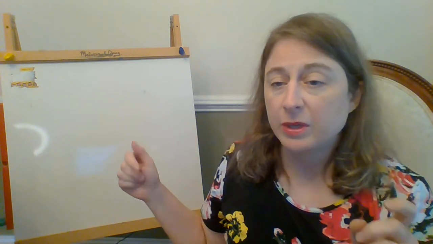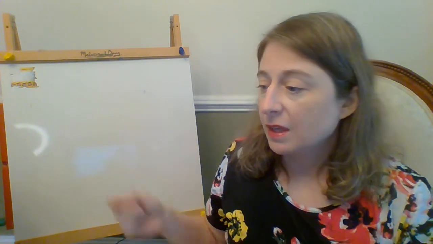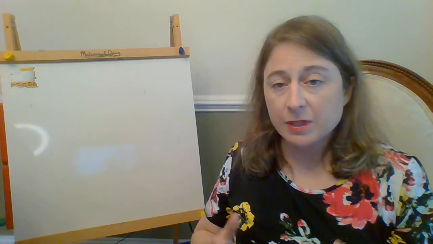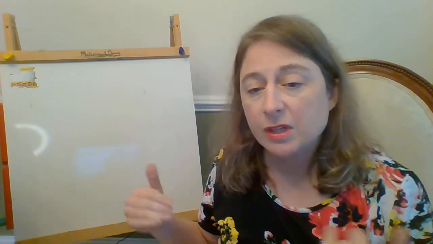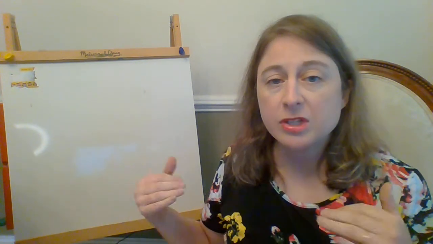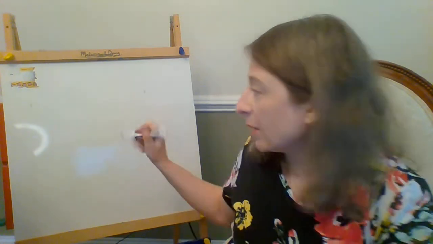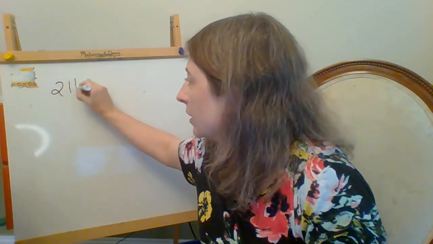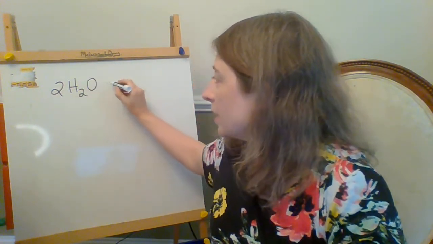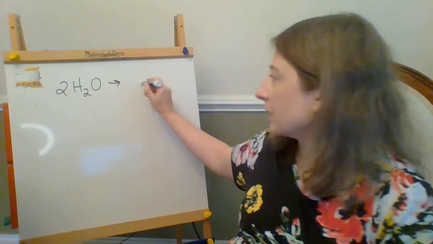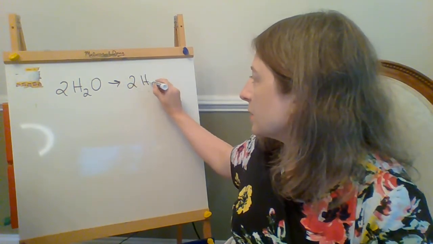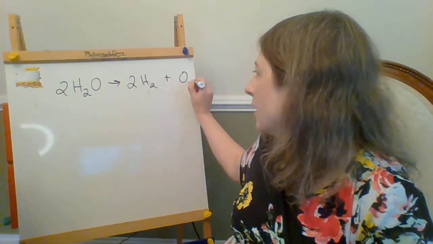Alright, so using stoichiometry means that we're going to use the coefficients that balance the equation to relate amounts. We've already had some experience in the last module using the coefficients in the balanced equation to relate atoms or molecules, right? So if I'm decomposing water, I would decompose it to hydrogen and oxygen.